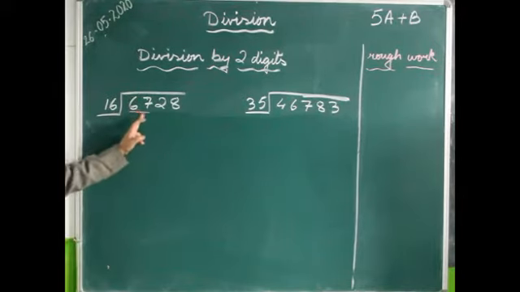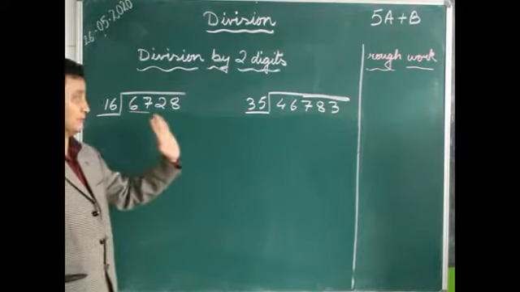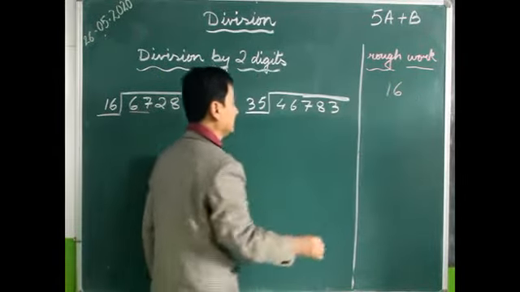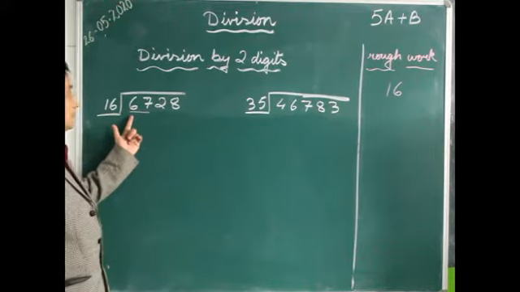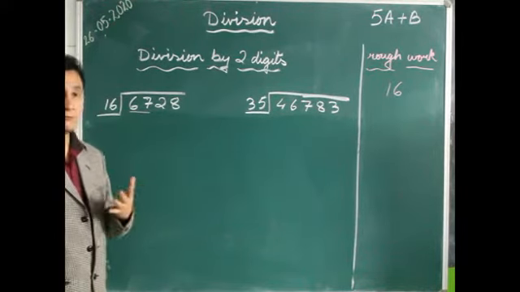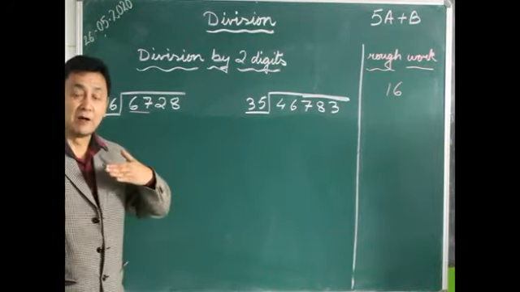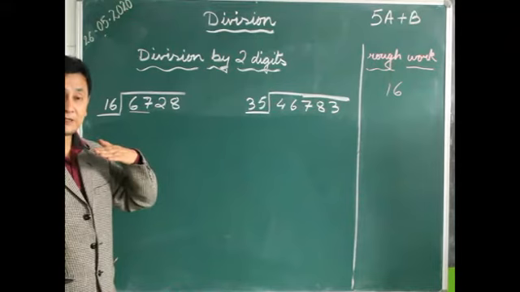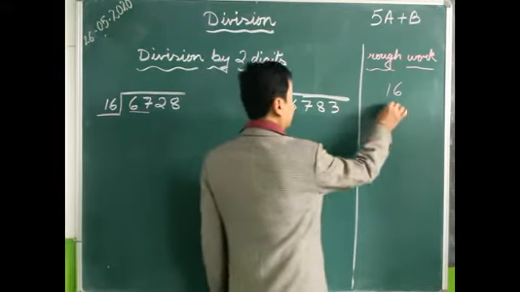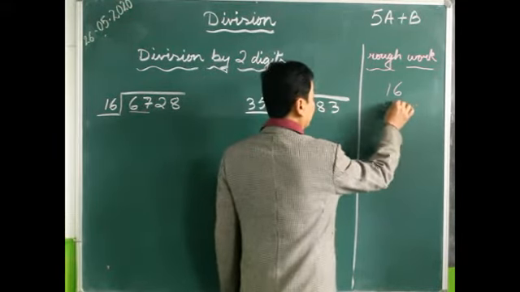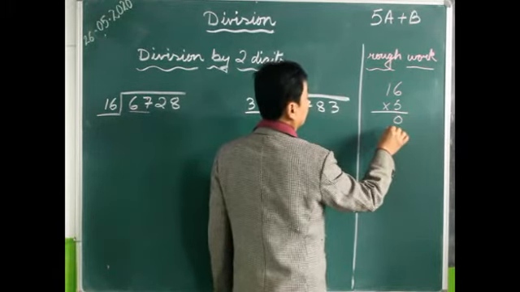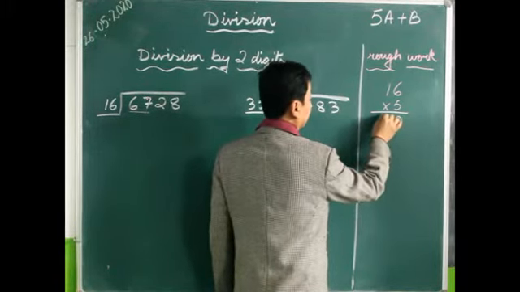So 16 goes into 67 how many times? So we move to the rough work column. Let's see. 1 is going into 6 how many times? 6 times. So let's not multiply by 6. Let's count one number down. 6, before 6, 5. Let's multiply that by 5. 5 6s are 30, 5 1s are 5, plus 3, 8.